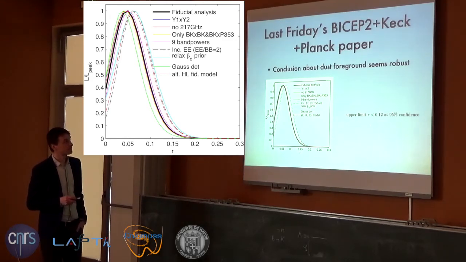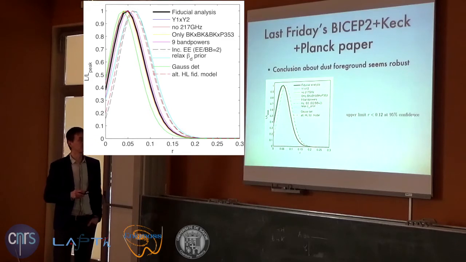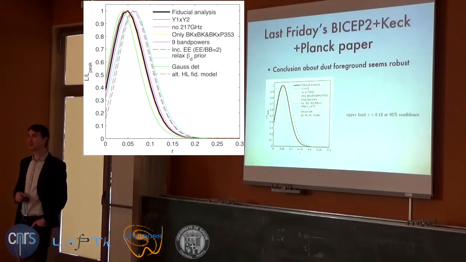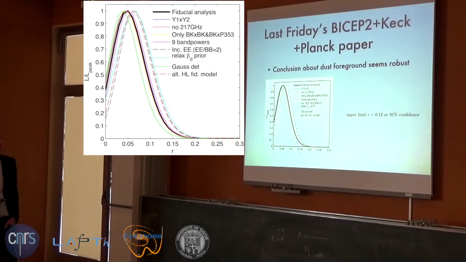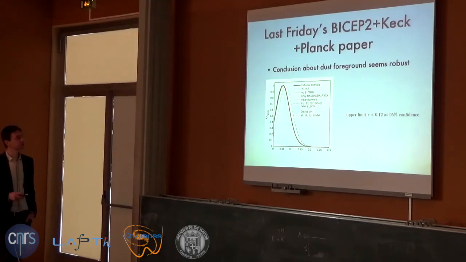The 2 sigma value, or actually the 95% confidence level, because it's not a Gaussian, so you shouldn't talk in sigmas, is that the tensor scalar ratio is smaller than 0.12. And this is the most recent result. I guess it appeared on the arXiv this morning, you said? Yeah. It was already on the BICEP website yesterday and the days before.